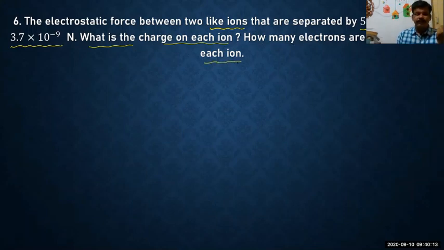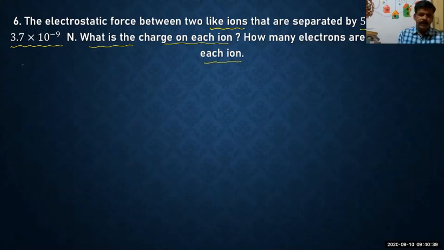See, whenever electrons are removed from any particle, then it becomes an ion. Or whenever electrons are added to the particle, it becomes an ion. If electrons are removed, it becomes a positive ion. If electrons are added, it becomes what? Negative ion. So it is very similar to the previous problem.